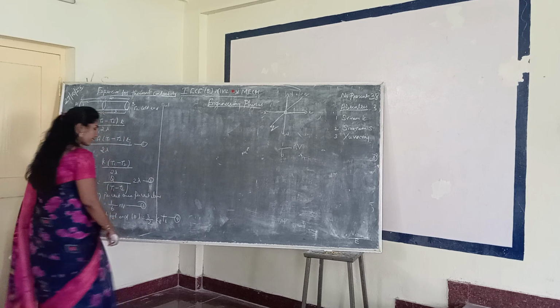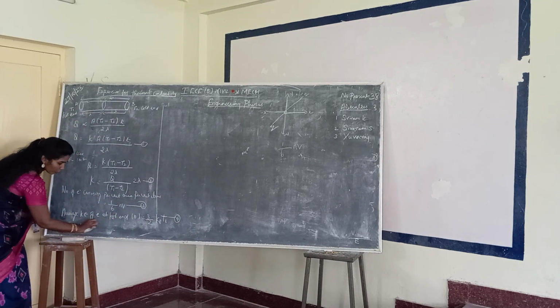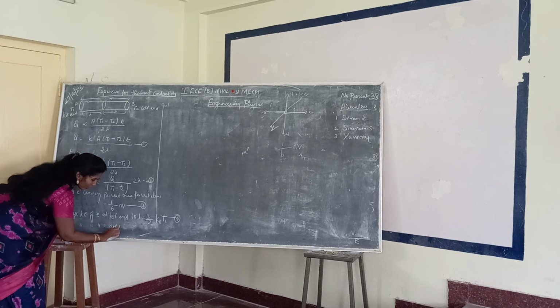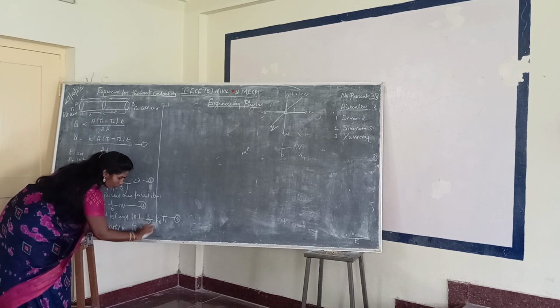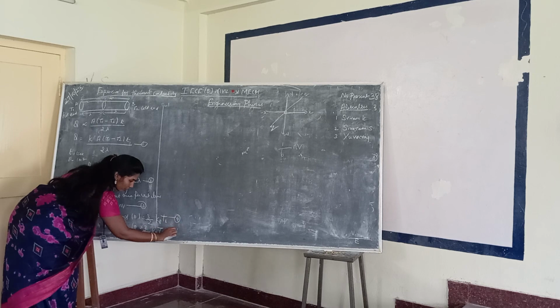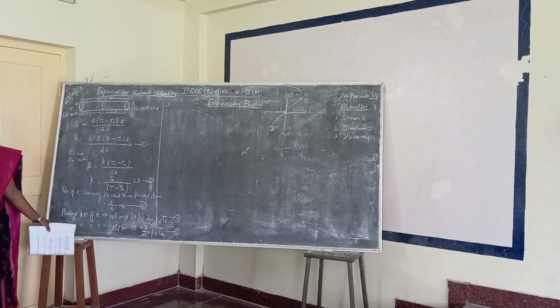The next step is the average kinetic energy of the electron at the cold end B, which is equal to 3 by 2 kB T2. So this is your fifth equation. Up to this point, any doubts? Okay.